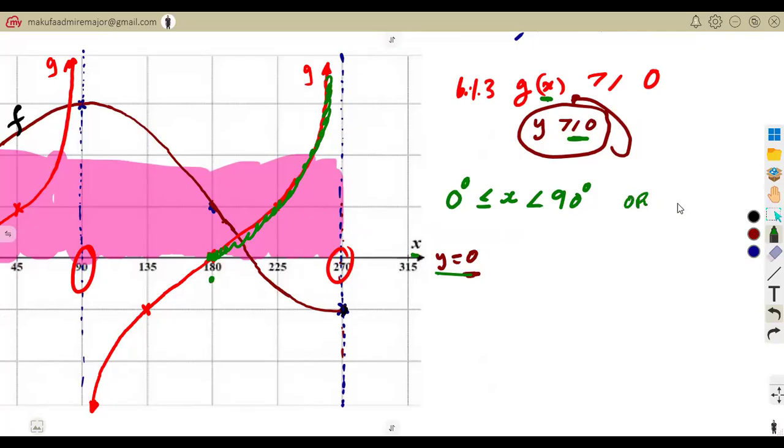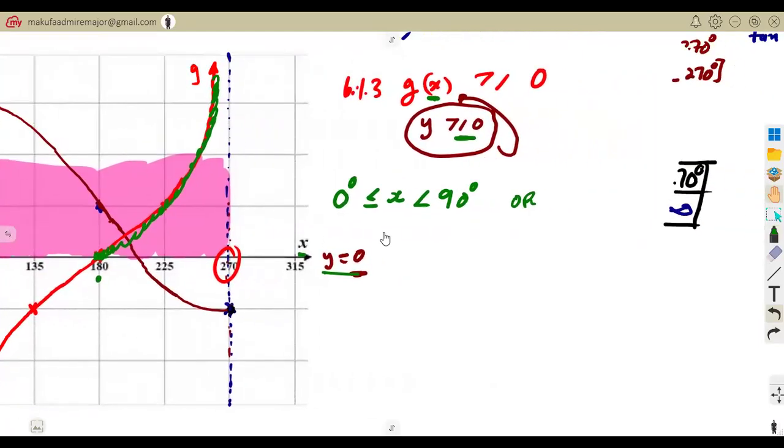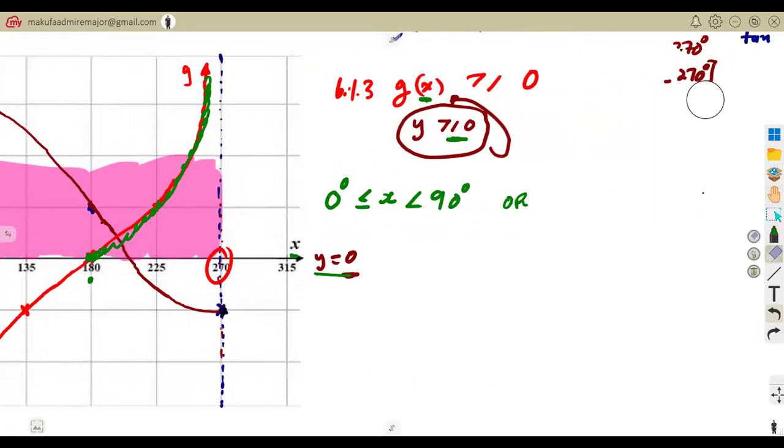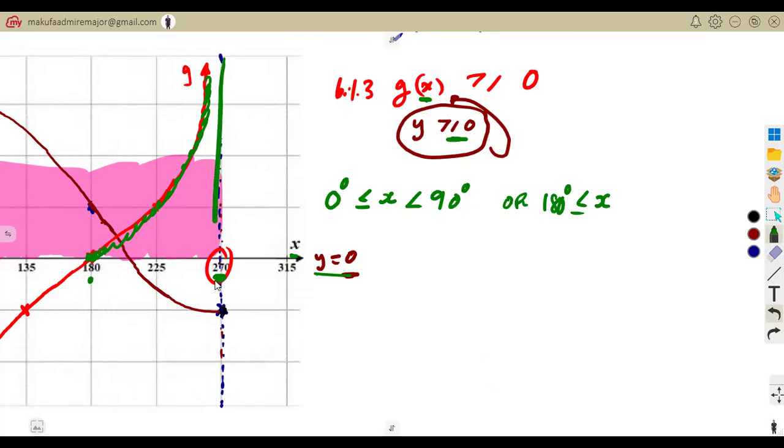So it's another interval to be taken from 180 degrees. x can also be taken greater than or equal to 180 degrees. Up to where? Are we going to meet 270 degrees? No. Remember, that's an asymptote. There is nothing there.